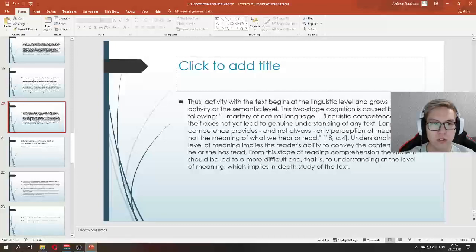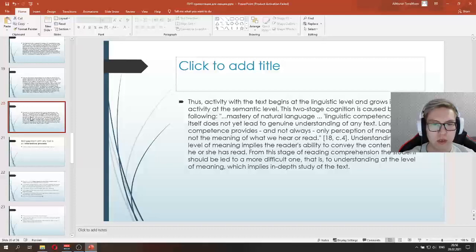This cognition is caused by the following: mastery of natural language. Linguistic competence in itself does not yet lead to genuine understanding of any text. Language competence provides, and not always, only perception of meaning, but not the meaning of what we hear or read.